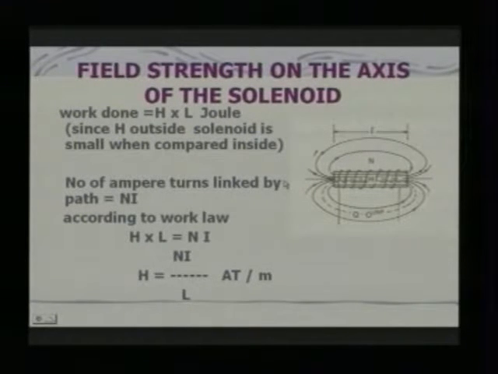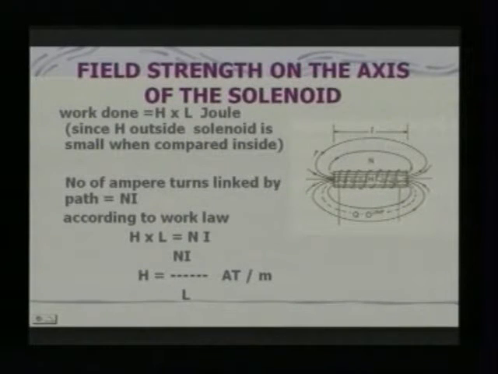Let us consider a solenoid of a length of L meters and consider a closed path at which a unit north pole is placed and it is moving in the closed path as shown.